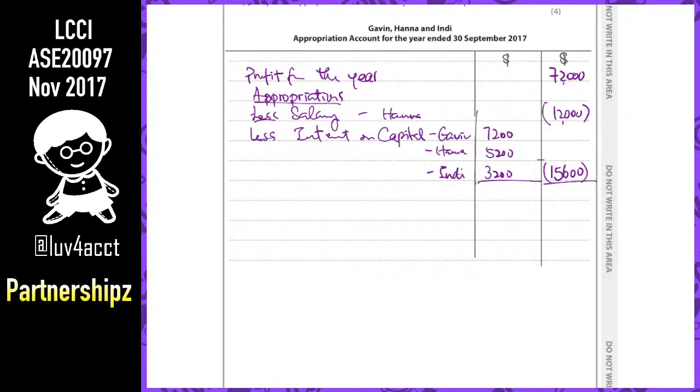Let me calculate it again. 72,000 minus 12,000 minus 15,600, 44,400. Yes. Okay, then it can be shared. Okay, good. This is profit available for distribution.